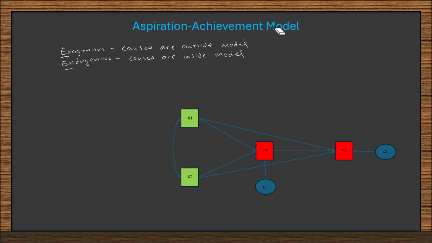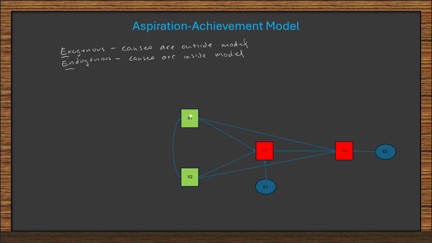So here's the path diagram for our aspiration achievement model. Now, instead of writing out the actual names of the variables, I've written them as x1, x2, y1, y2 for a particular reason. x1 is family income, x2 is quantitative ability. Now you can see there's nothing predicting either one of these.